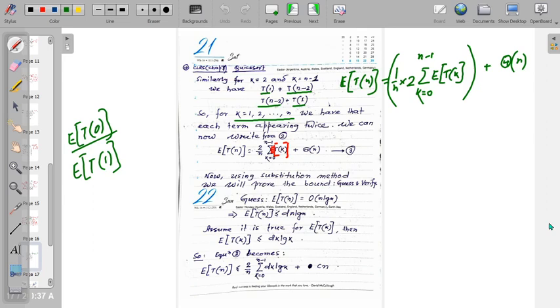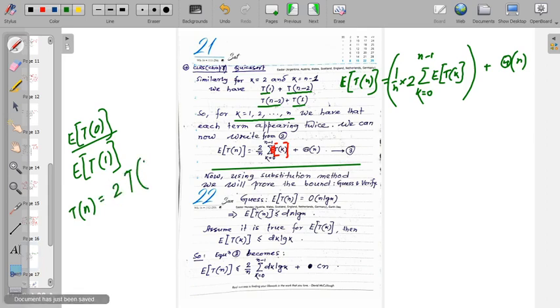So now we have got this. Now we have to prove that this expectation of Tn, whenever I have, say, Tn equals 2T(n by 2) plus some theta n like this.